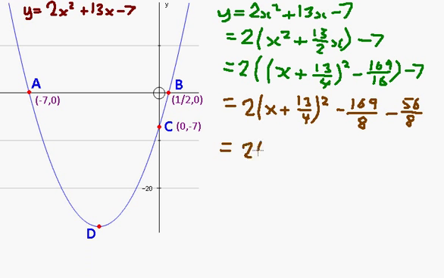So this is equal to 2 times (x plus 13 over 4) all squared. Now if I combine these two fractions, minus 169 over 8 take away 56 over 8 is minus 225 over 8.